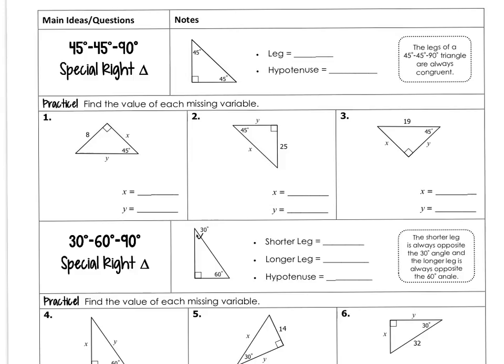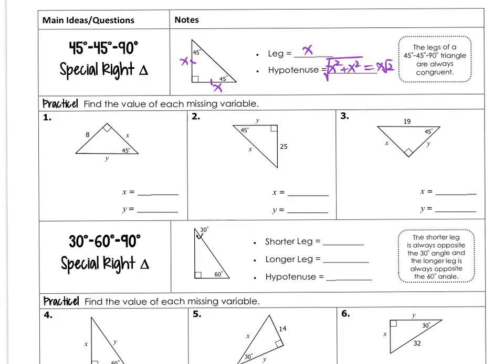This is the meat of 8.2. We're going to look at two special right triangles. One is 45, 45, 90 degrees, and that is an isosceles right triangle. If I let my leg equal x, the other leg has to equal x as well, and then my hypotenuse becomes the square root of x squared plus x squared, so I should have x root 2.